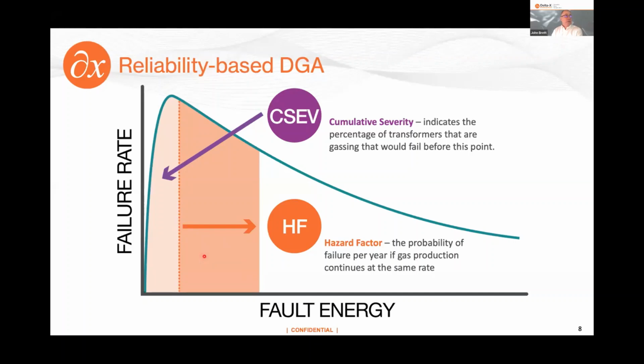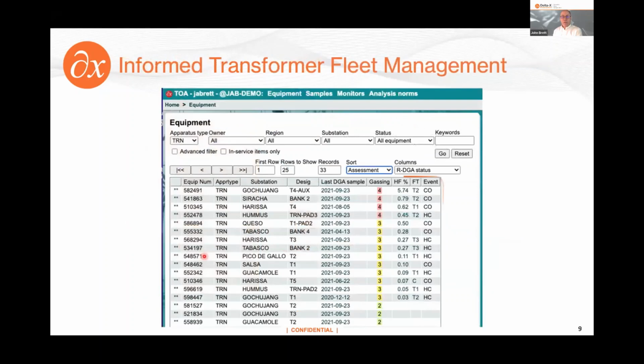This is a very useful piece of information, and it allows you to take your transformer fleet and make informed decisions about it. Yes, you can still have a basic green, yellow, and red score, but the hazard factor refines your prioritization.